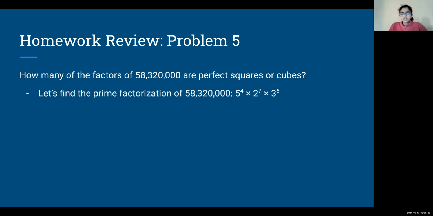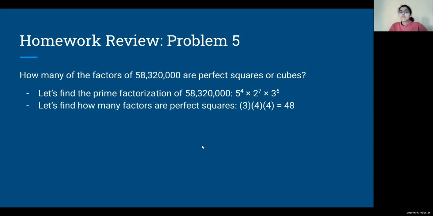So, okay, let's find the prime factorization first. We find that it's 5 to the power 4 times 2 to the power 7 times 3 to the power 6. So we have to find how many factors are perfect squares. Three multiples of 2, including 0, fit into 5 to the power 4. Four multiples of 2 fit into 2 to the power 7, and 3 to the power 6.